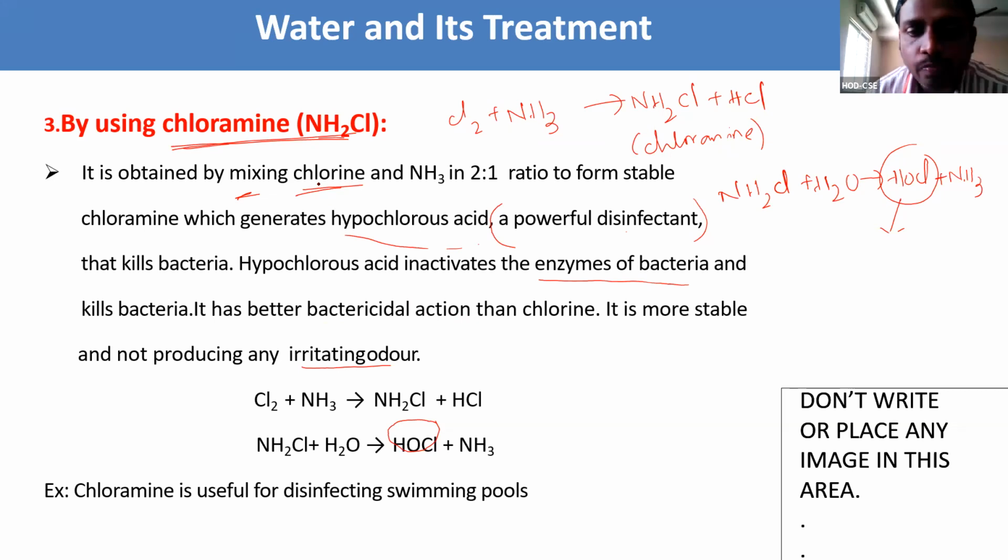So this is how hypochlorous acid kills the bacteria present in the water: it inactivates the enzymes present in the bacteria and kills them. So it has a better germicidal action than chlorine. It is more stable and does not produce any irritating odor.